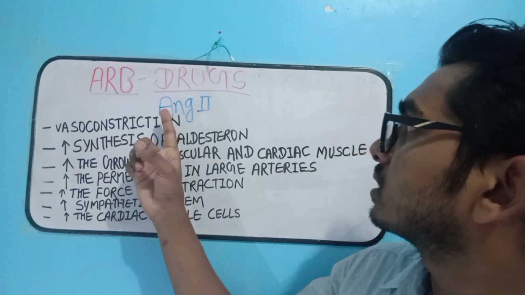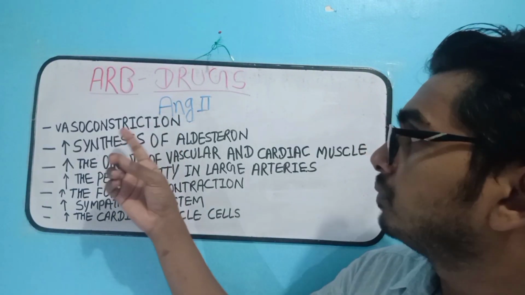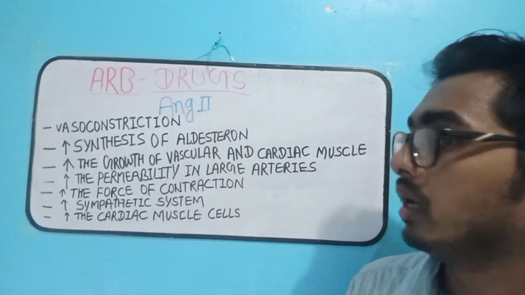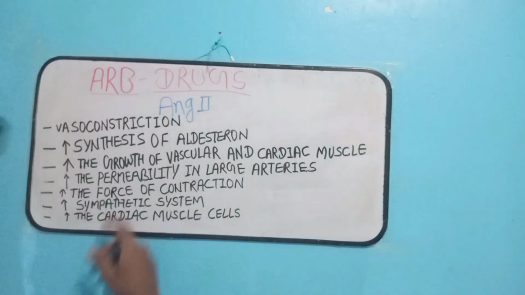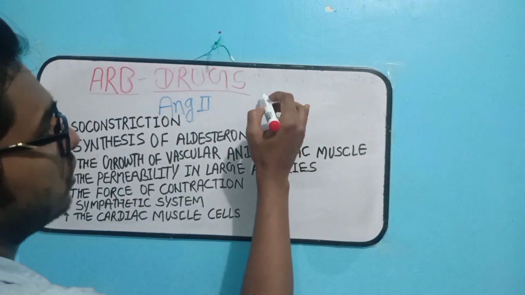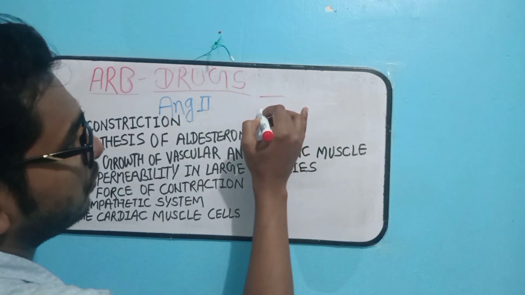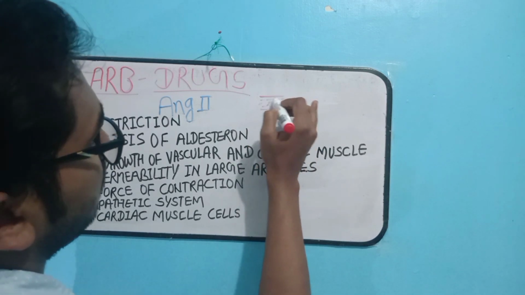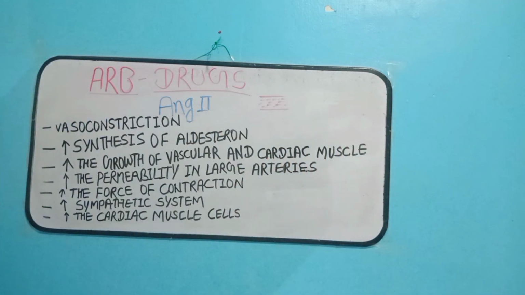Now I am going to discuss the actions of the angiotensin 2 receptor. It helps in vasoconstriction. Normally blood flows in the blood vessel when there is no activation of the angiotensin 2 receptor.